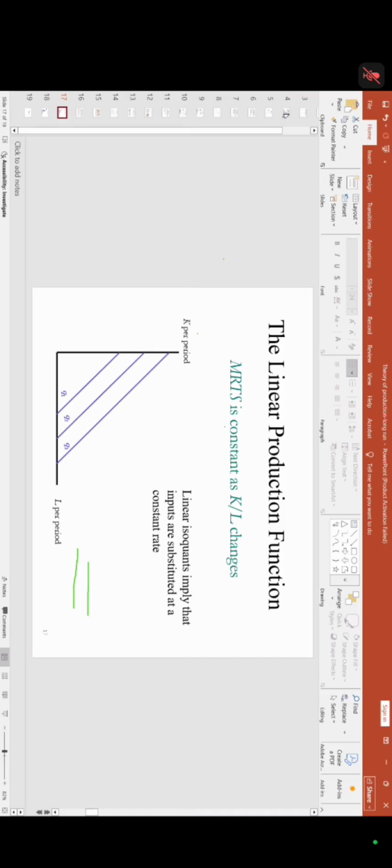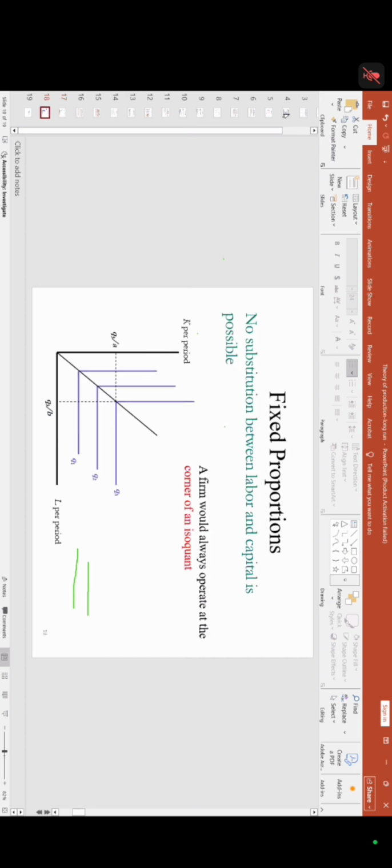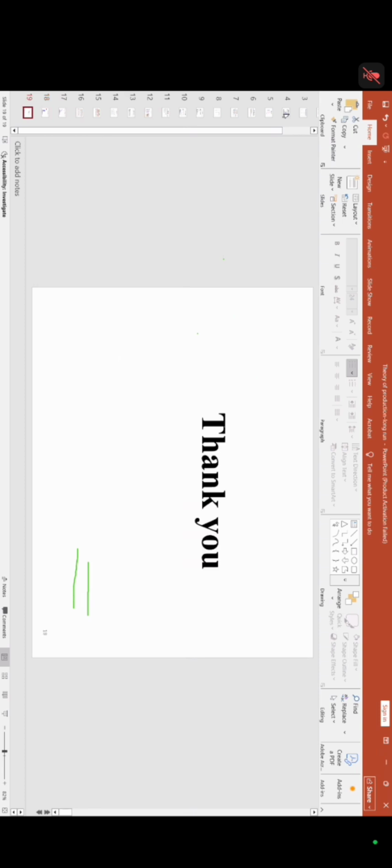Capital and labor will be substituted at a constant rate. And fixed proportions, where firms cannot substitute between labor and capital. At that point, they will be operating at the corner of the isoquant, where you have different capital amounts and labor amounts. Okay? So hope today's lesson is clear.